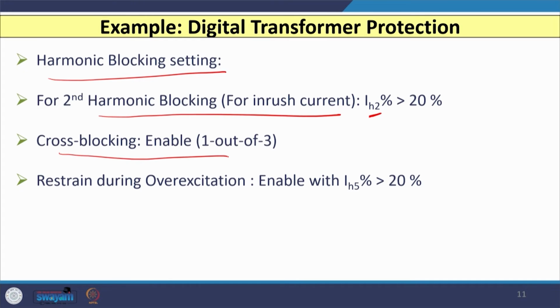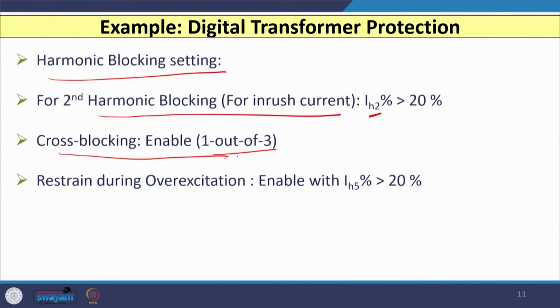In digital relays, most manufacturers also give the facility to enable the cross blocking feature or not. If you say yes, then you can go for different cross blocking features, say 2 out of 3 or 1 out of 3, but as we have discussed earlier, 1 out of 3 blocking is widely used.